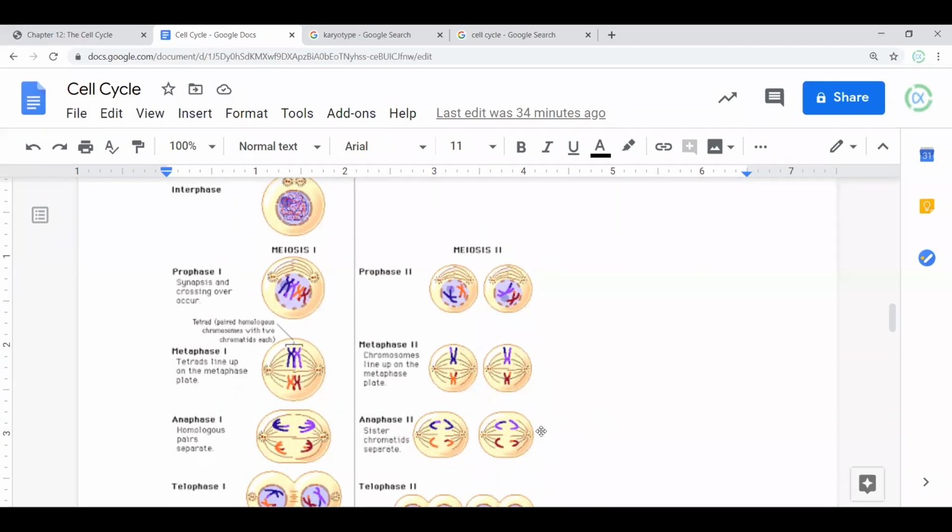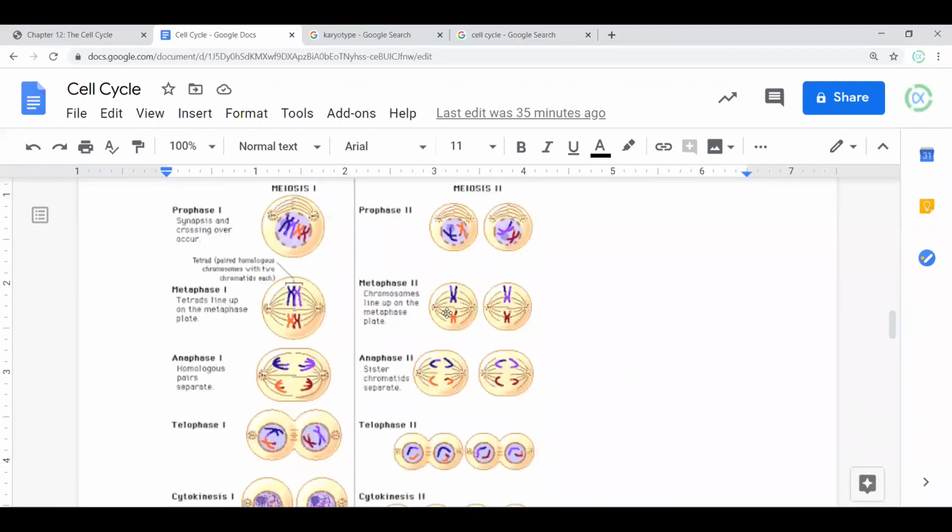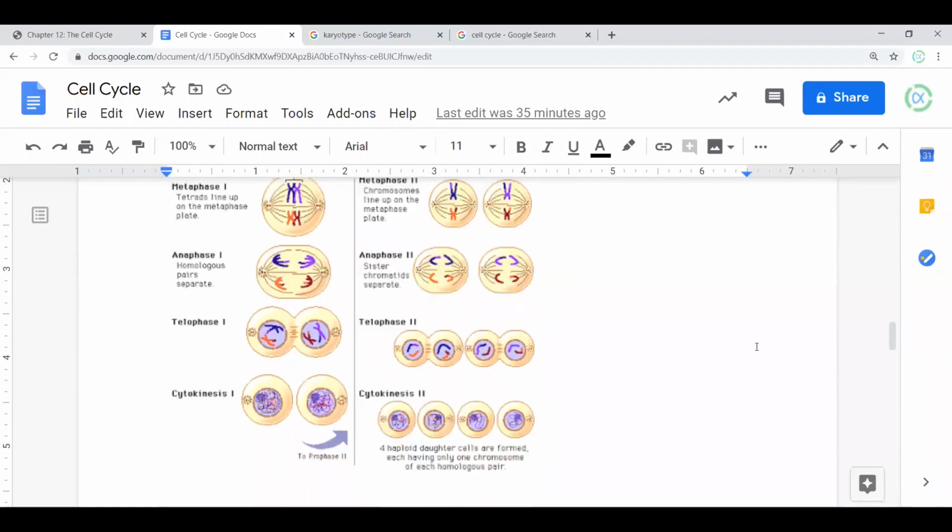I guess you could say the only difference is some of the chromosomes have switched genes, but it's not that big of a deal. As you can see, the chromosomes just split the same way they did in mitosis, and they produce 4 daughter cells now, and each only has 1 chromosome.